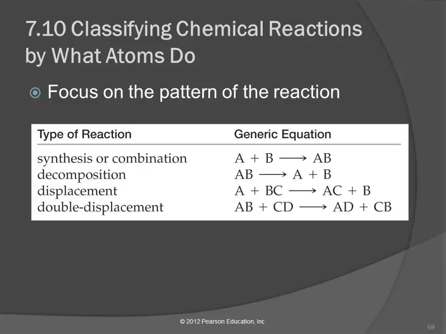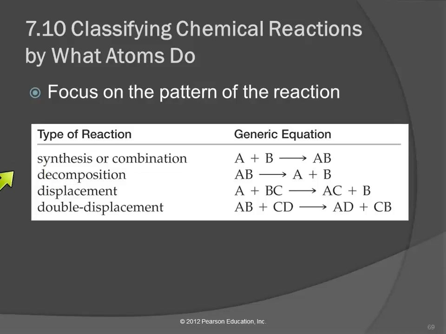The other way to classify them. So the other way to classify chemical reactions is by what the atoms do. And so here, it's easier to actually look at the balanced chemical equation and see what's happening rather than looking at the actual reaction.